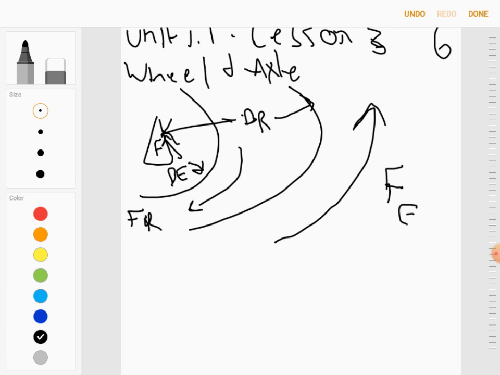Oh, that's wrong. This would actually be the resistance force, and this is the effort force, only for this type of wheel and axle, which is axle driven, meaning that the axle is what makes the wheel move.